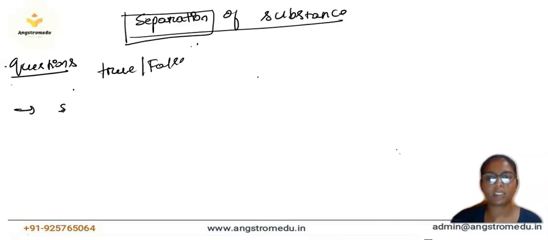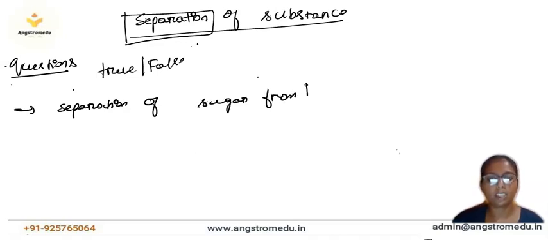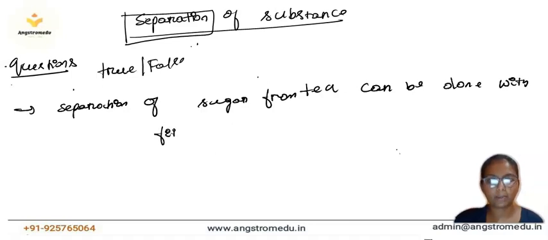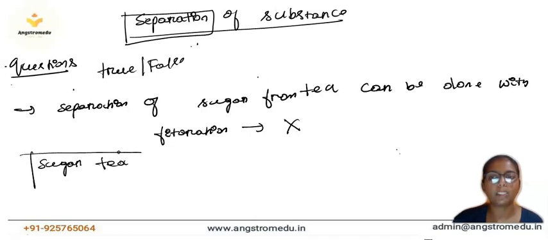Next question: the separation of sugar from tea can be done with filtration. This is also a false statement, because when we put sugar into tea, the sugar dissolves in it.